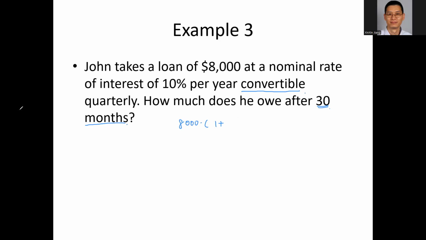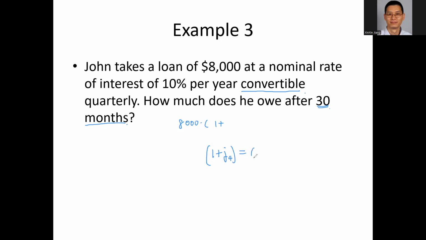So the quarterly effective rate is, let's call it J4, that's the quarterly effective rate.